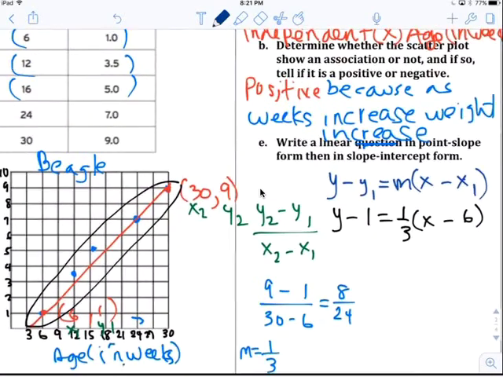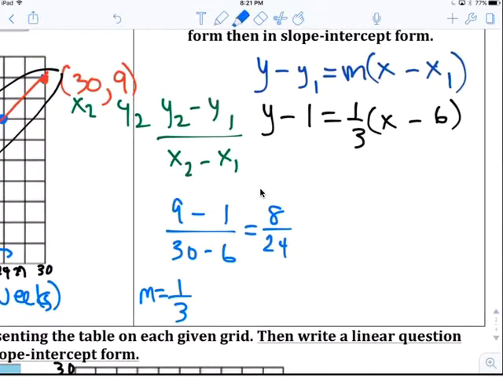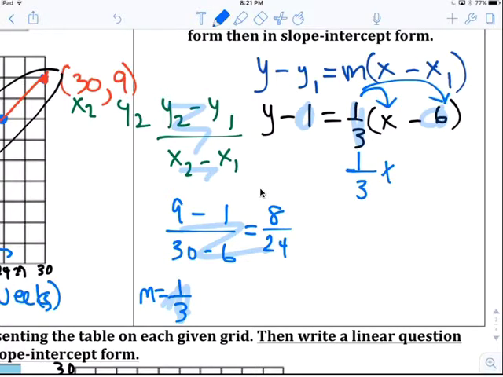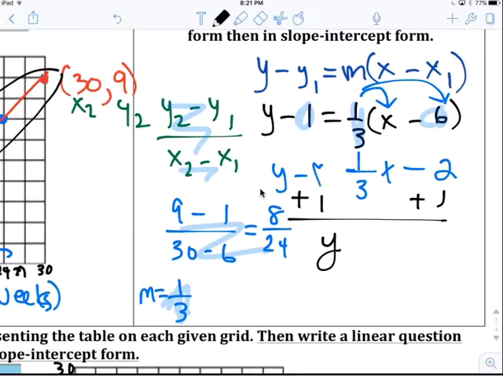As long as your work is right, you find the rate of change first, and then you place it here, and you put y1, x1, and then you distribute, you get a 1/3 x. Distribute, use your calculator, 1/3 times 6, you get a 2, y minus 1, then you would add a 1 to both sides, y equals 1/3 x minus 1.